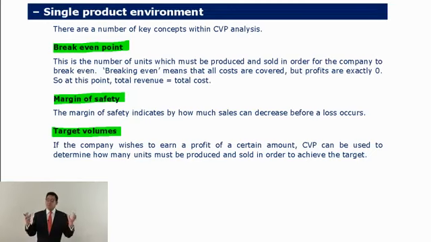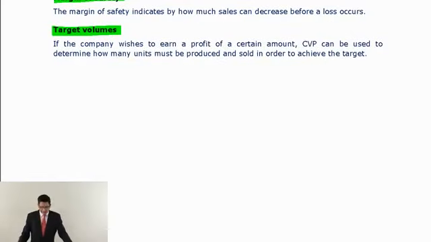So management needs to generate some minimum return for a number of reasons, and because of this they want to make some profit. So target volumes will simply be the number of units to break even plus generate some profit. We will see this as well.